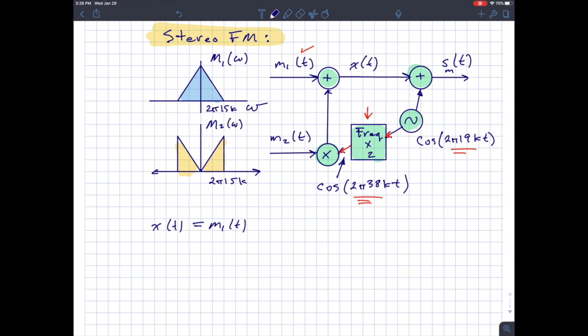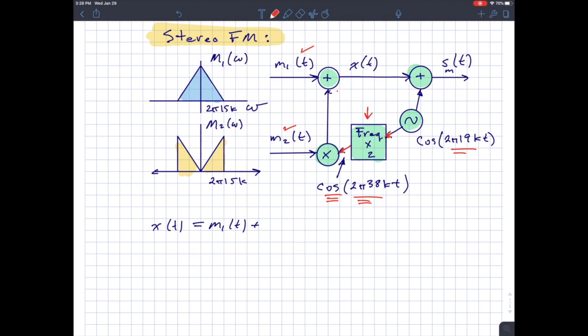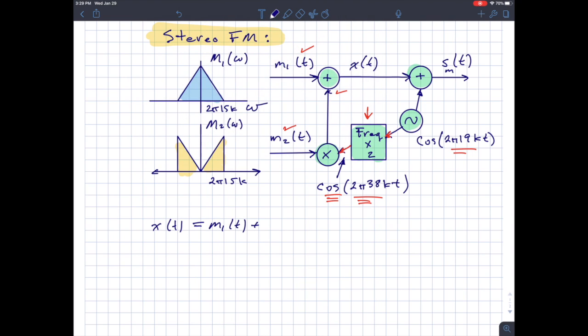And then we have M2 multiplied by the oscillator, so that gets added in at this end of the summer. So here we go: M2 cosine 2 pi 38 kt.